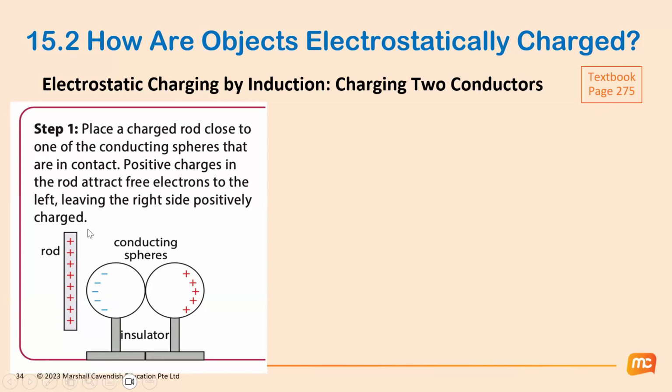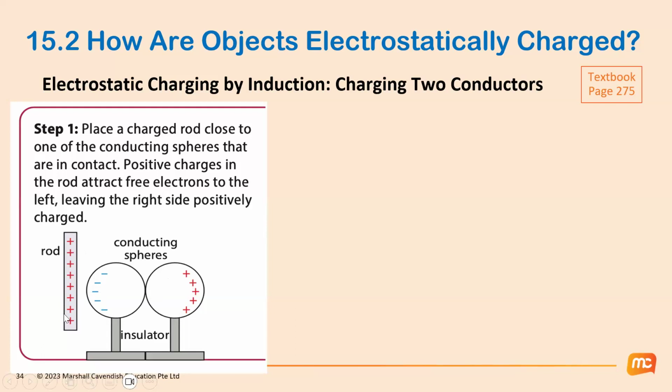Over here, I'm going to use induction. Induction is a process whereby I place a charged object very close to it, but not touching it. So over here, I place a positively charged rod close to these two neutral spheres. Why are they neutral? I have an equal number of minus and an equal number of plus, so it's a neutral sphere.